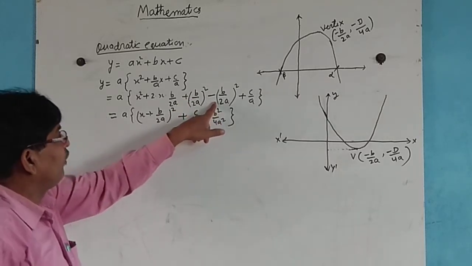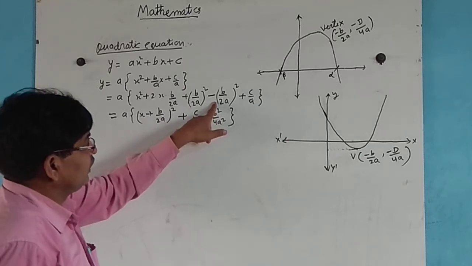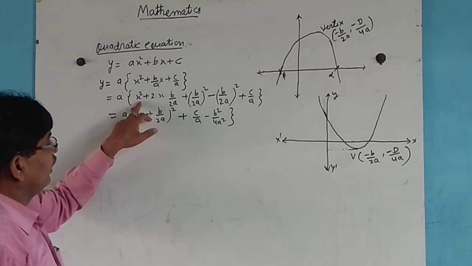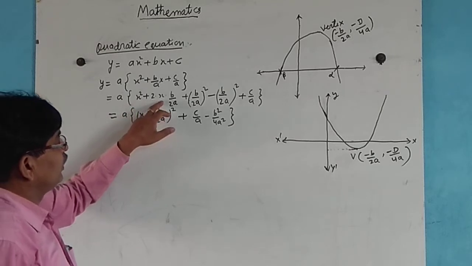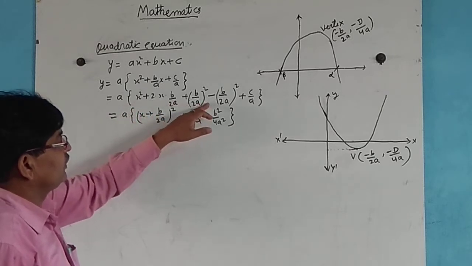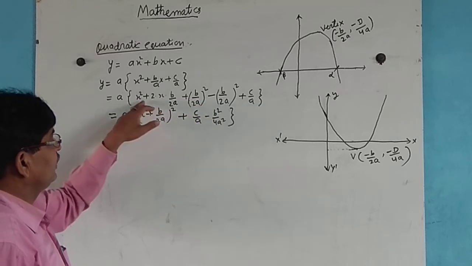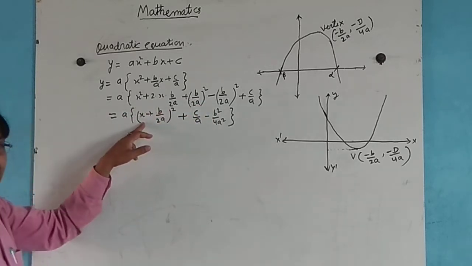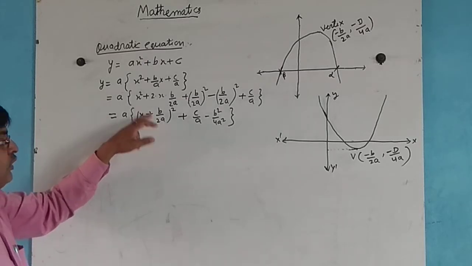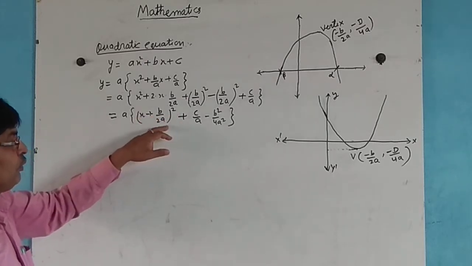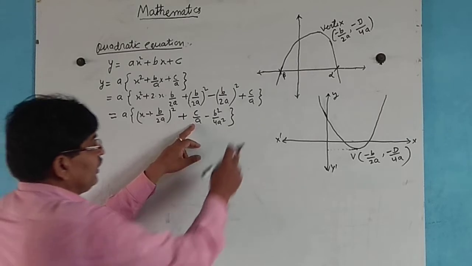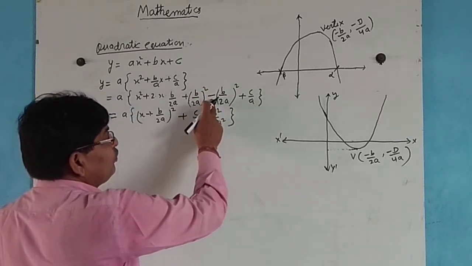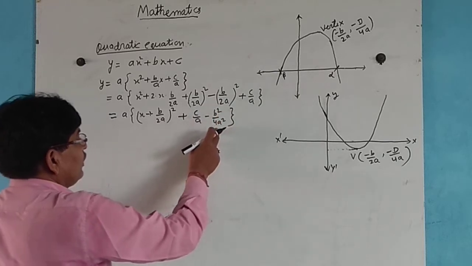This we can take in the form of a plus b whole square: x plus b by 2a to the power 2, and after that c by a and here b square by 4a square.